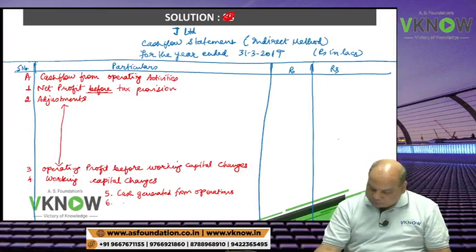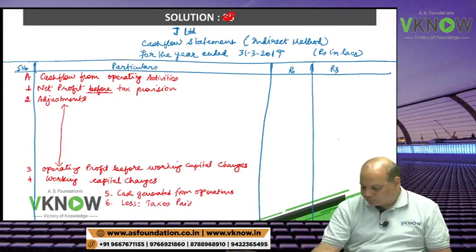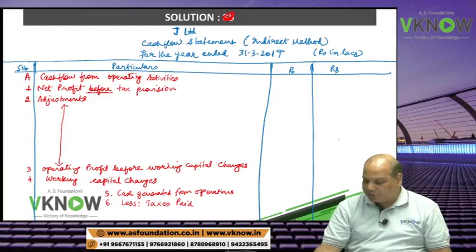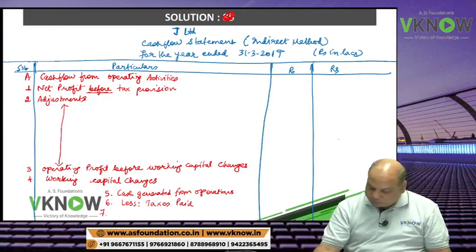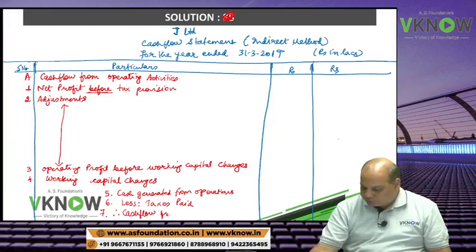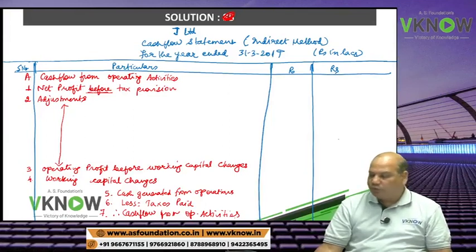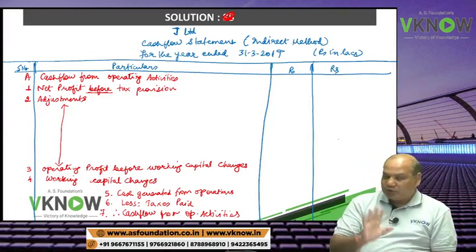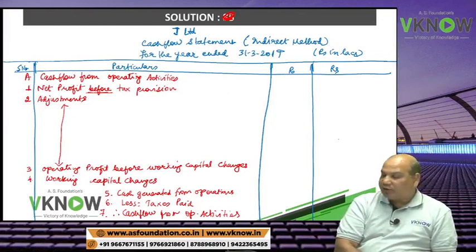Point number 6, write down less taxes paid. And point number 7, therefore, cash flow from operating activities. This is only the first activity.